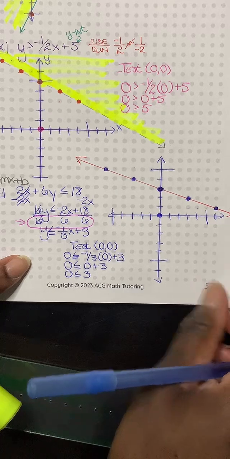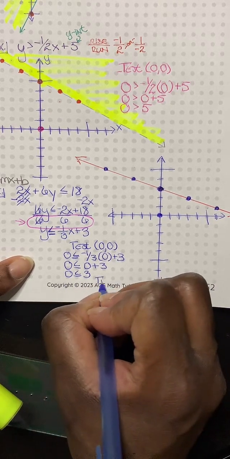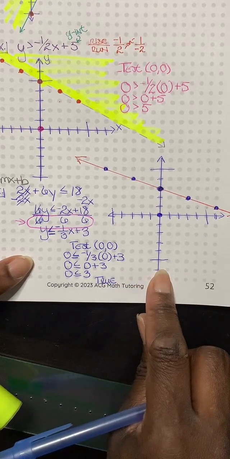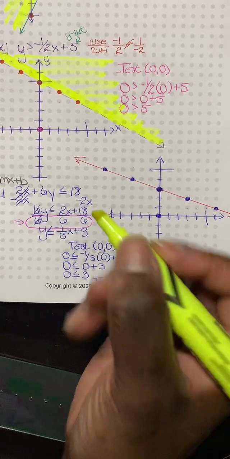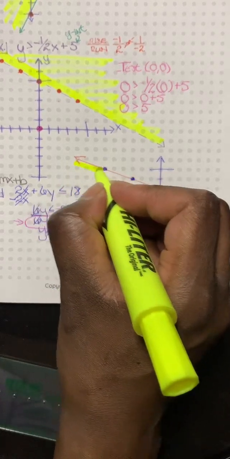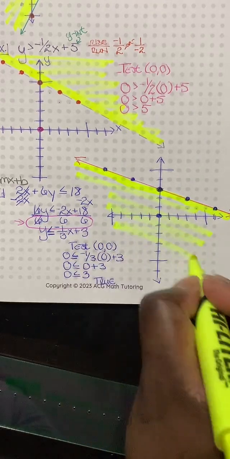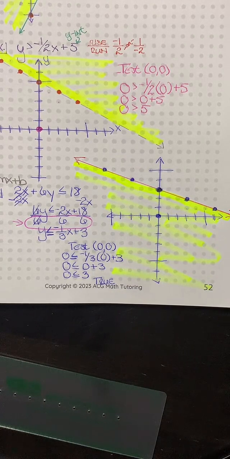All right, so this is a true statement. Yes. So since it's a true statement, you want to shade the side that contains that point 0, 0. So basically anything from here on down is going to be a true statement.